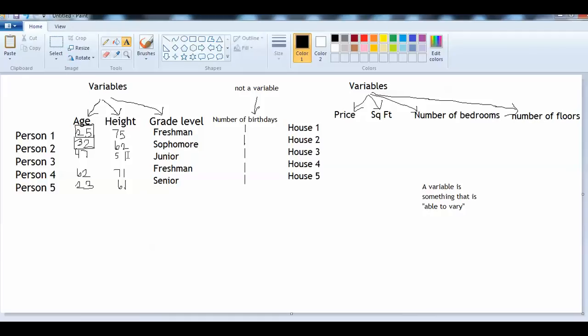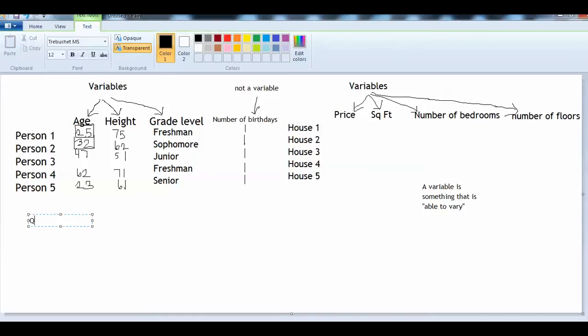So height would be something called a quantitative variable because each person's height is a number that stands for the amount of something. It stands for a quantity of something. So what is a quantitative variable?